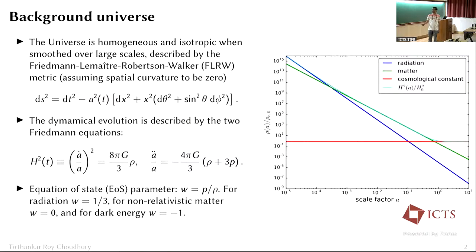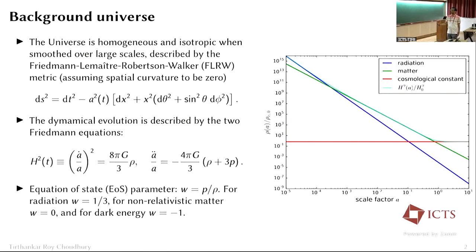The relation between rho and P is described by the equation of state, w. And this w, as you would have studied, is 1/3 for radiation or ultra-relativistic matter. It's 0 for non-relativistic matter, where the pressure is way subdominant compared to the density. For dark energy or the cosmological constant, it will be w equal to -1.